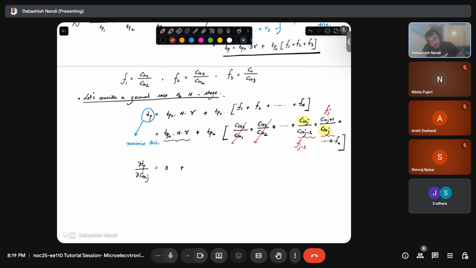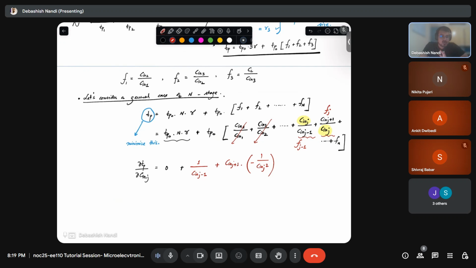The first quantity will give me simply 1 over C in j minus 1, and another quantity will give me plus C in j plus 1 times minus 1 over C in j square.